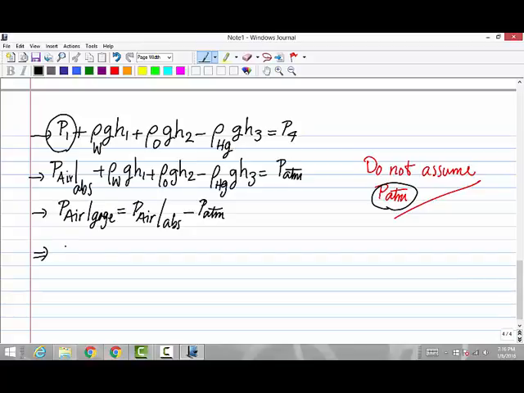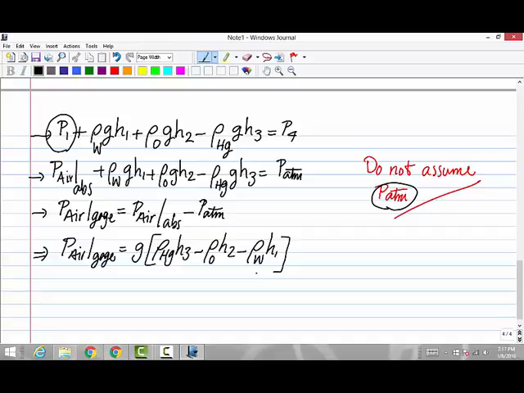If I take the atmospheric pressure to the left and the rest of the terms to the right side, then I have P air gauge equals, taking these three terms to the left side, g times rho Hg h3 minus rho oil h2 minus rho water h1.